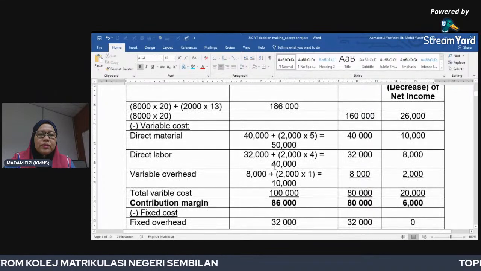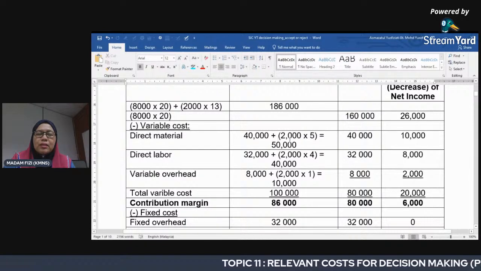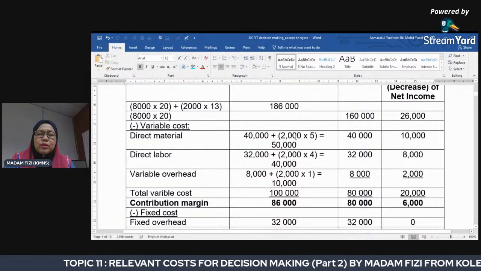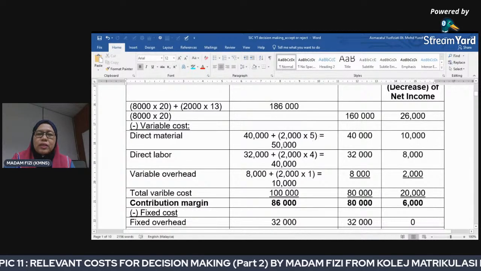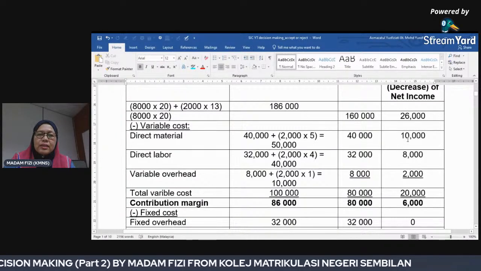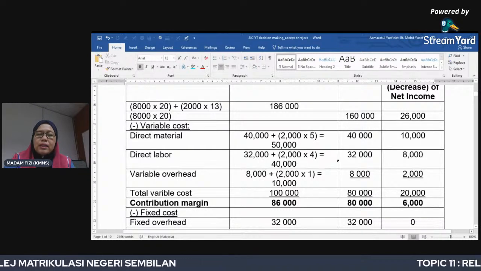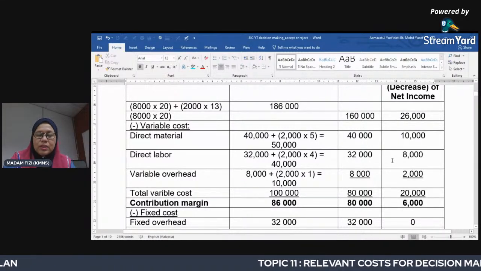And then we calculate the variable cost. Variable cost kita ada direct material. For accept, awak tambahkan yang 2,000 times 5, equals to 50,000. So the difference is 10,000. For direct labor, for accept is 40,000. Reject 32,000. So the difference is 8,000.